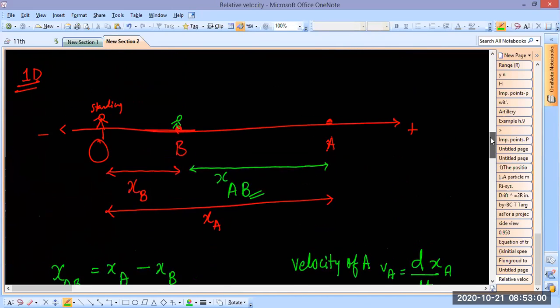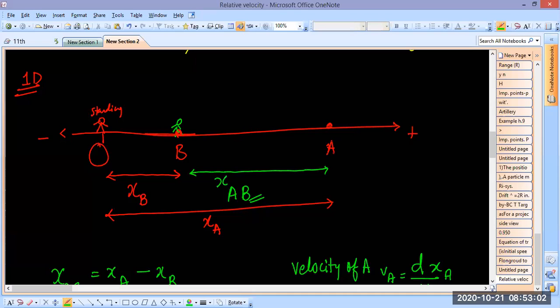So what does this mean? Imagine this were you, then you might be saying something like, okay, A is 10 meters in front of me. Then both could move, right? It is possible that both are moving, B is moving, A is moving. Then the distance between them could also change. If A is fast, the distance will increase.